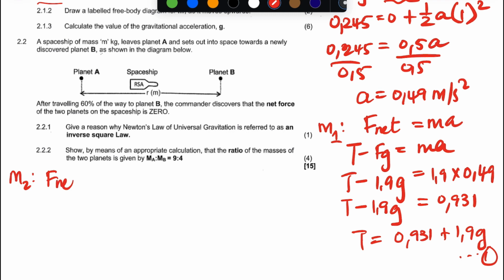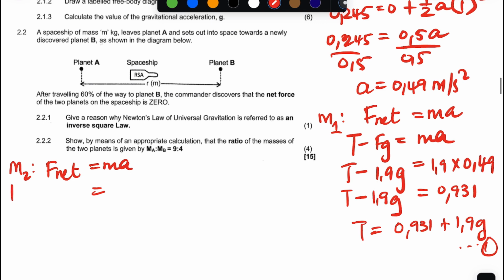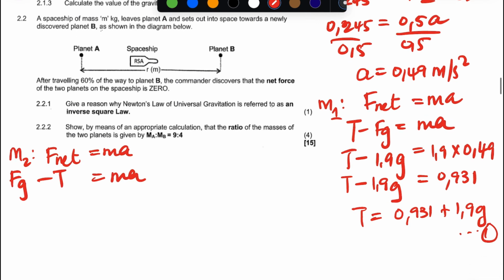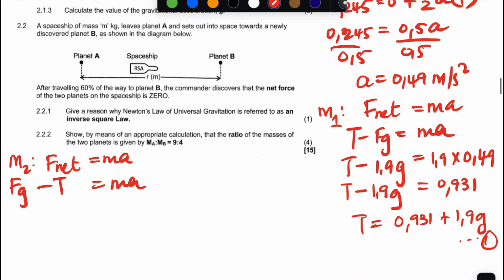We'll say F net is equal to ma, and then the forces that are acting on mass 2 are the tension force and the gravitational force. But now the gravitational force is positive and the tension force is negative. So the mass 2 is 2.1, it's going to be 2.1 times g.